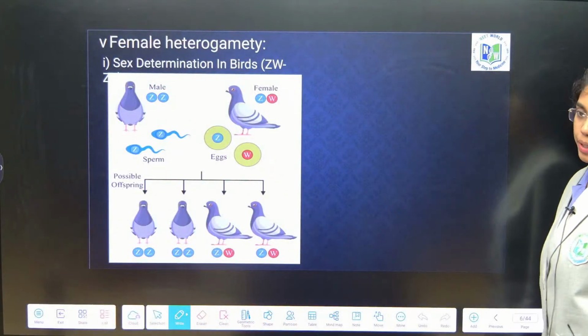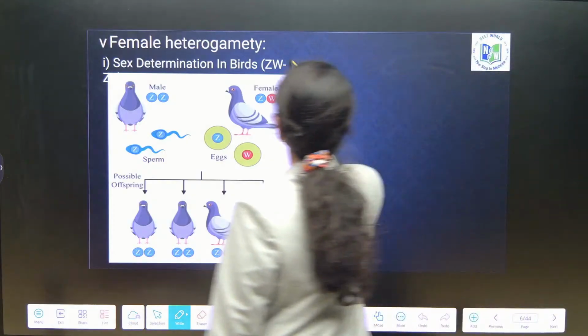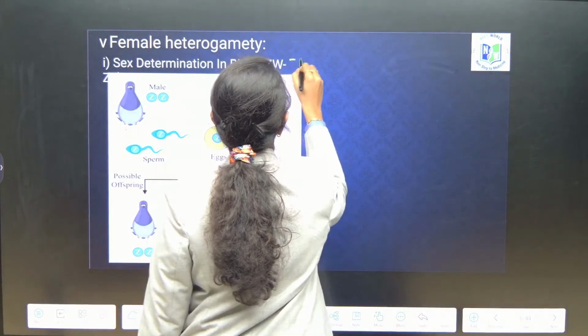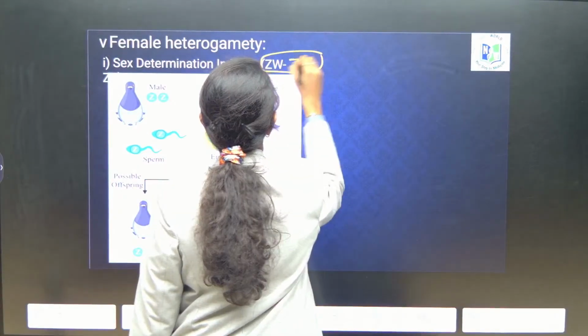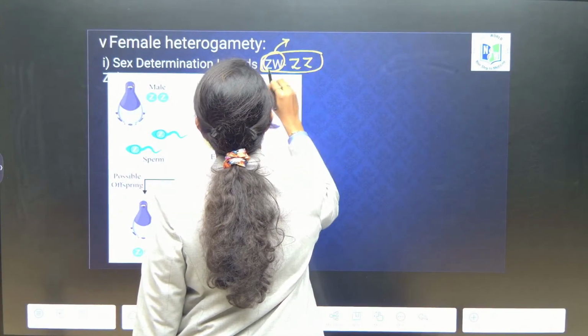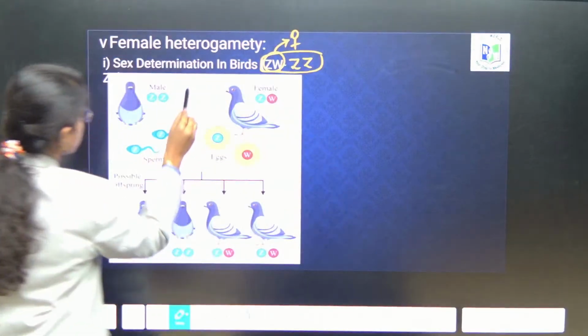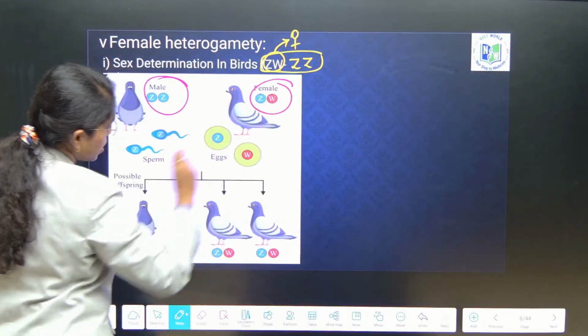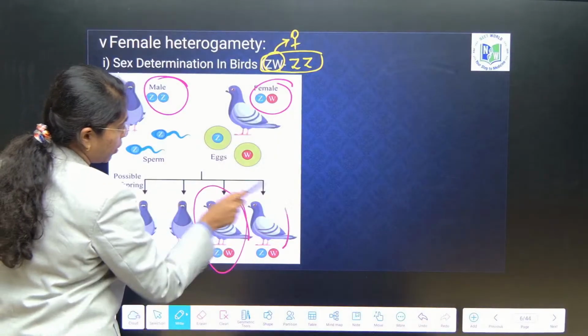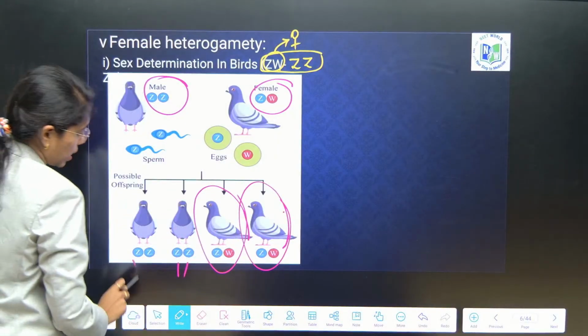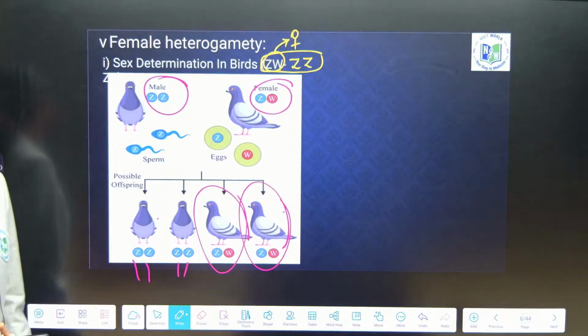Female heterogamety, that is ZW, ZZ. Fine, right? So, here ZW heterogamety is observed in females. Here you can see ZZ and ZW. Based on the type, ZW turn out as females, and the homozygous condition gives male offspring.